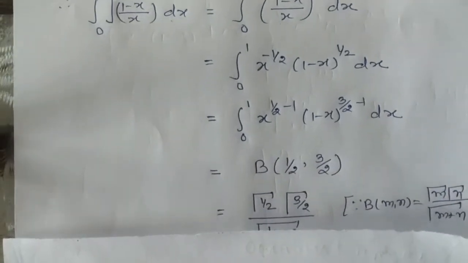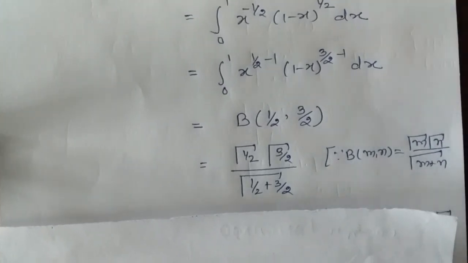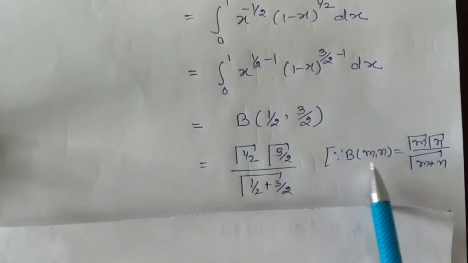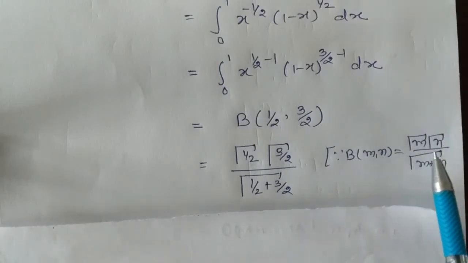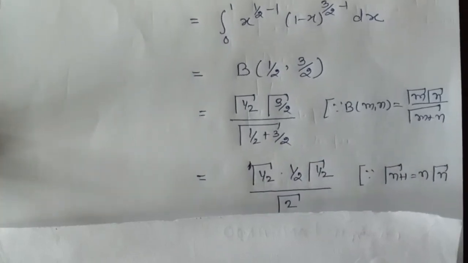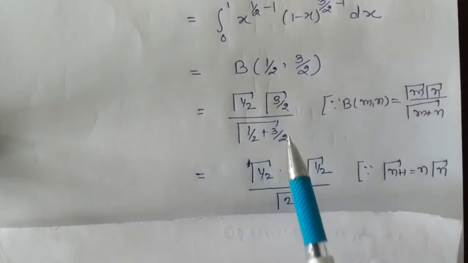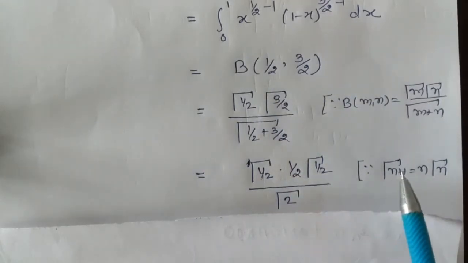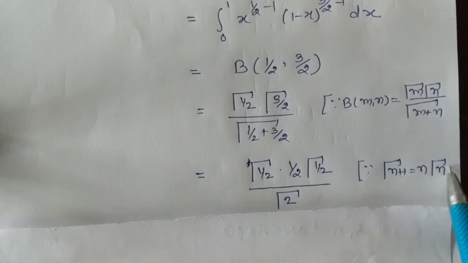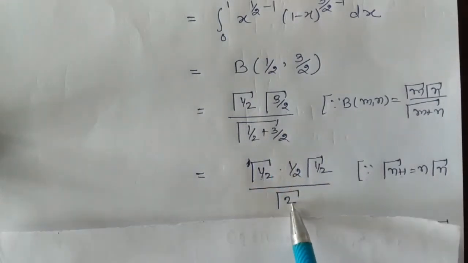We have gamma half into gamma 3 by 2 upon gamma (half plus 3 by 2), since beta(m, n) is gamma m gamma n upon gamma (m plus n). Now gamma half into gamma 3 by 2 is what? It is 1 by 2 gamma 1 by 2, because gamma (n plus 1) is n gamma n, upon gamma 2. The sum of 1 by 2 plus 3 by 2 is 2, so gamma 2 here.